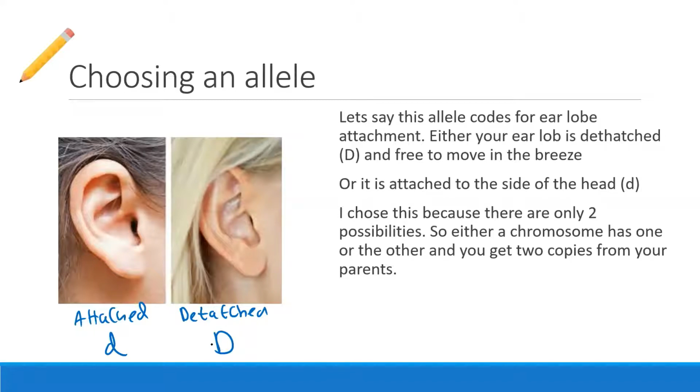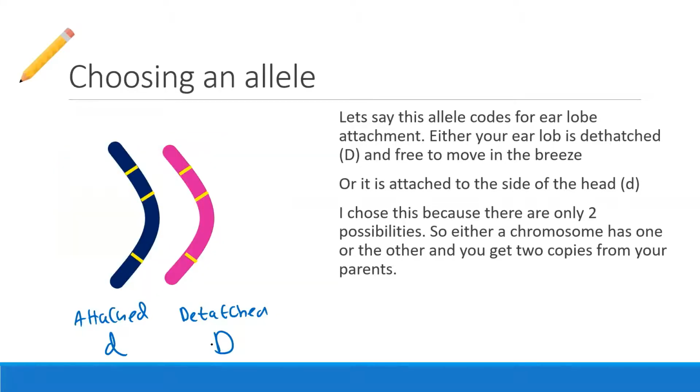So when you look at your parents, when they gave you their DNA, they either gave you code to tell you to make your earlobes detached or make your earlobes attached. So your mother's DNA may say one thing, but your father's DNA may say a different thing.